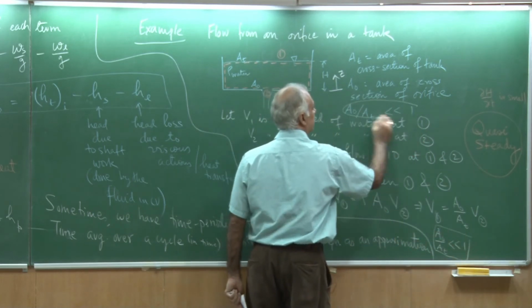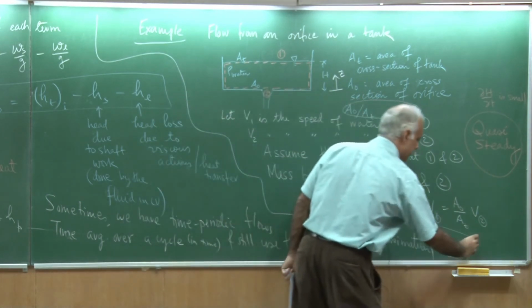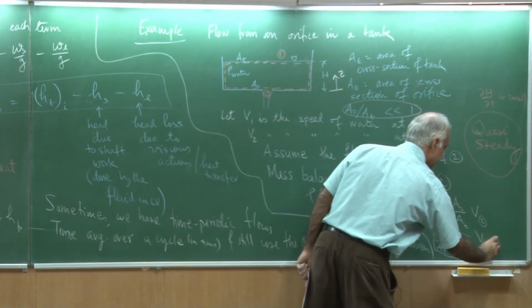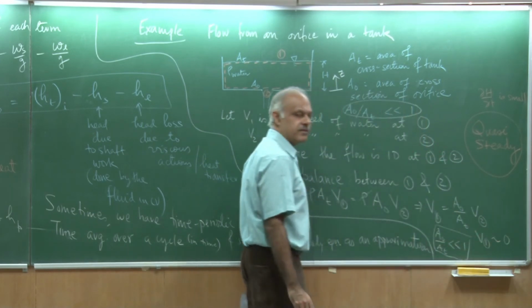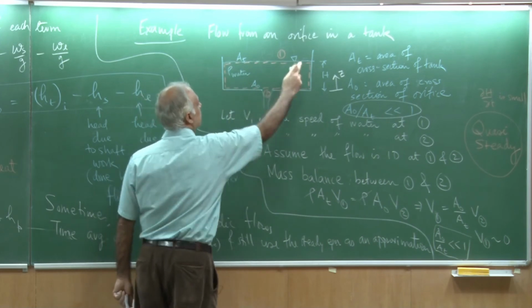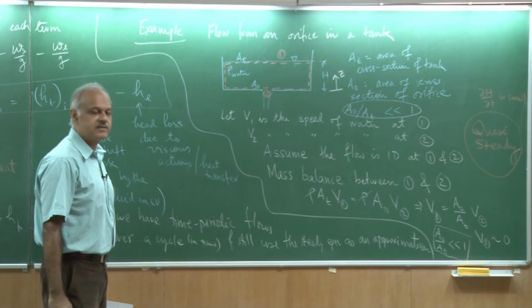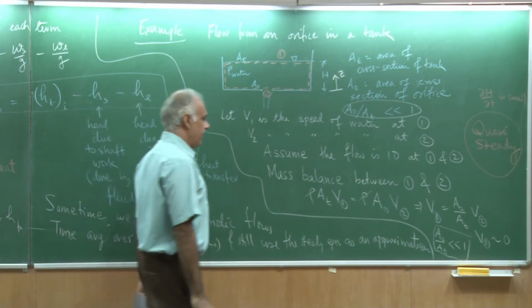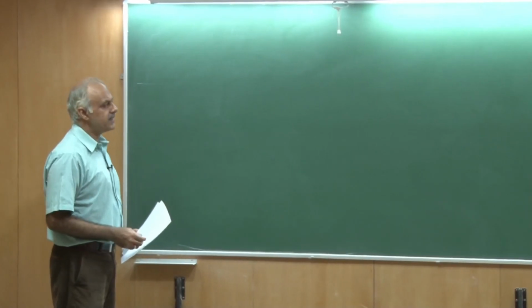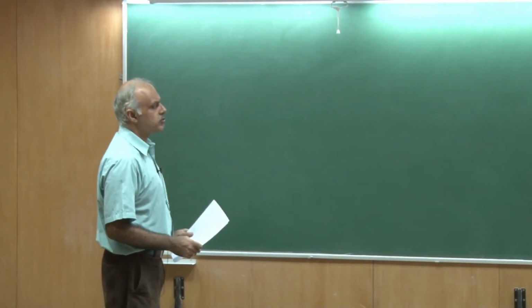That is what is given here. And therefore, we can assume that V1 is nearly 0. Compared to the velocity here, we will assume that this velocity is so small that it can be neglected.